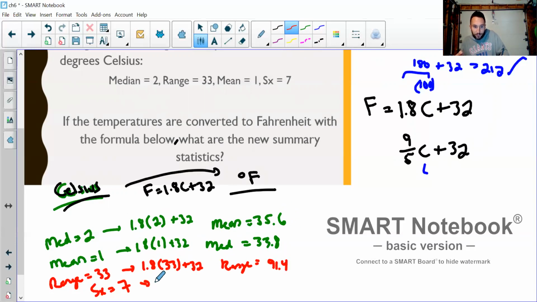And then same thing here. I think I could do that in my head at the moment. 12.6 plus 32, 44.6. All right, so I bet a lot of us at home are writing those values as our final answers. And that's pretty good. That's not bad at all. Unfortunately, they're not all right.